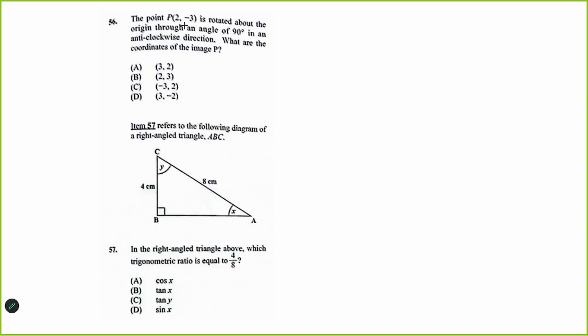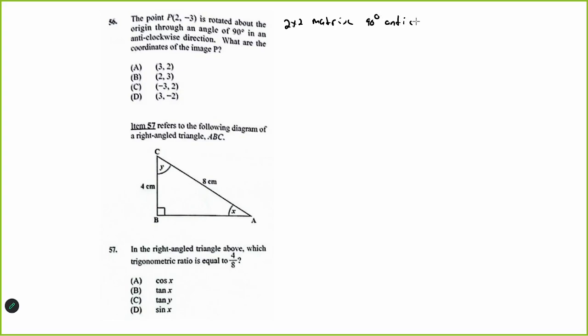Right? The point P (2, negative 3) is rotated about the origin through an angle of 90 degrees in an anti-clockwise direction. What are the coordinates of image P? The first thing you need to know is the 2 by 2 matrix for 90 degrees anti-clockwise.